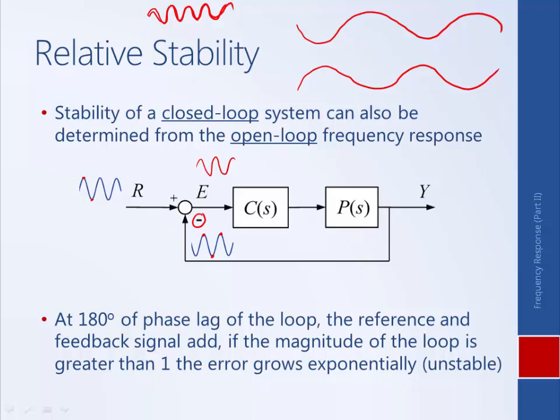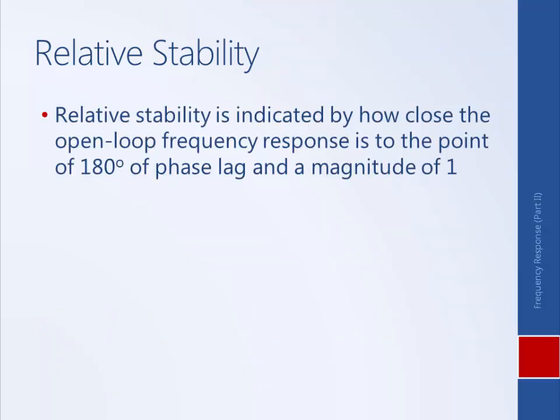To be more precise, we want to have a measure of relative stability. We want to know how far away is the system from becoming unstable. And so previously we had looked at how close the poles are to crossing over into the right half plane.